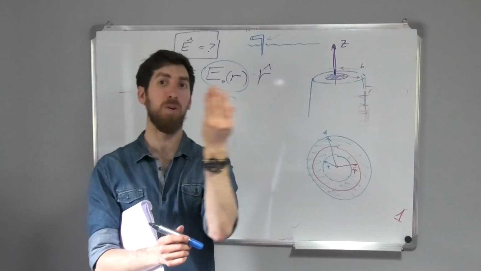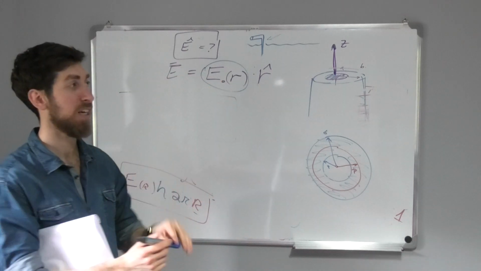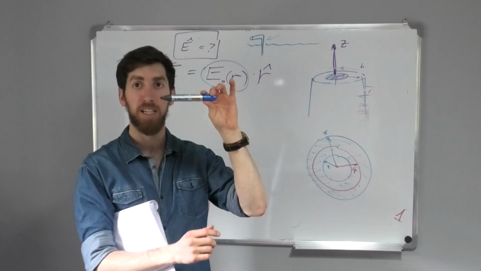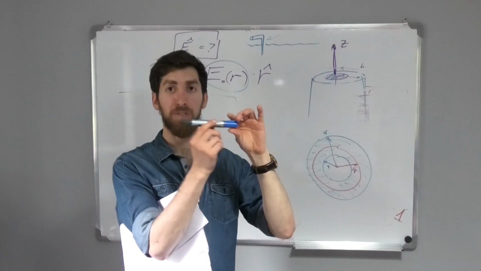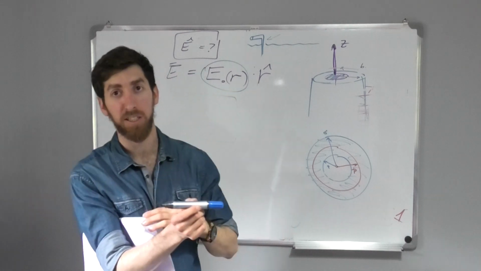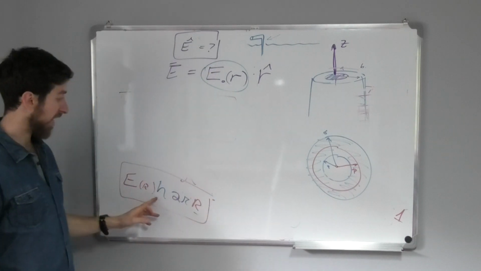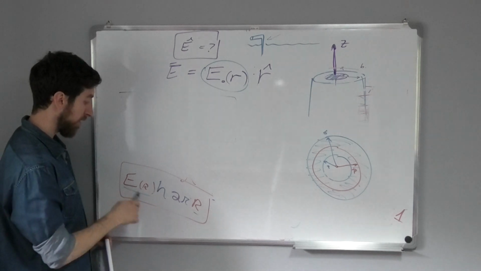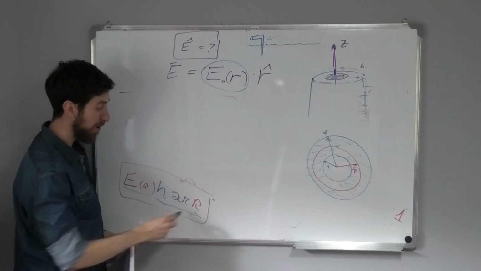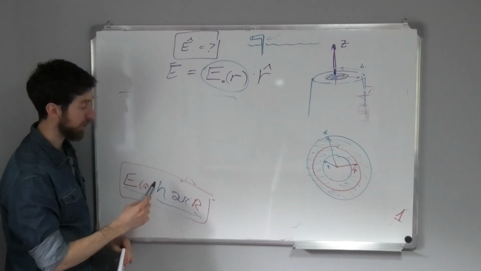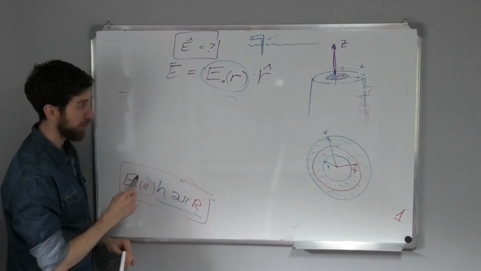Only the circumference affects us, since dA and the electric field both point in the radial direction, so cosine is equal to 1. So it's E(r), the electric field, multiplied by the area of this rectangle, and we get this value.